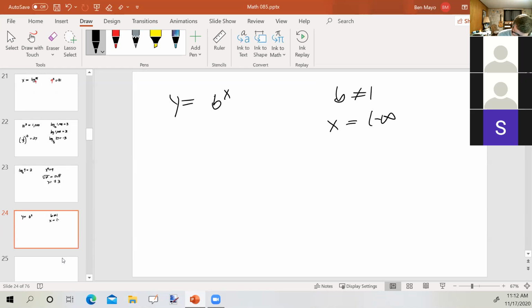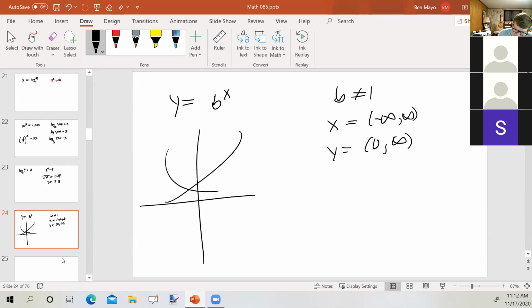All real numbers. And the range was greater than 0. Do you remember that? Because you get a drawing like this or like that. And the base has to be greater than 0. And if the base is between 0 and 1, it decreases. Greater than 1, it increases. If you don't remember that, go back and look at your notes from yesterday.